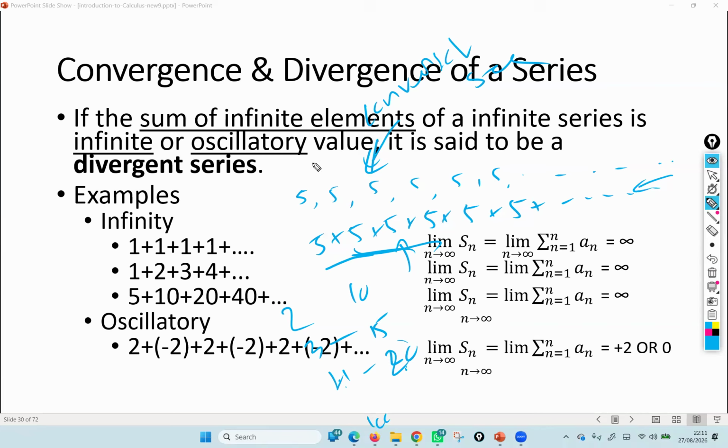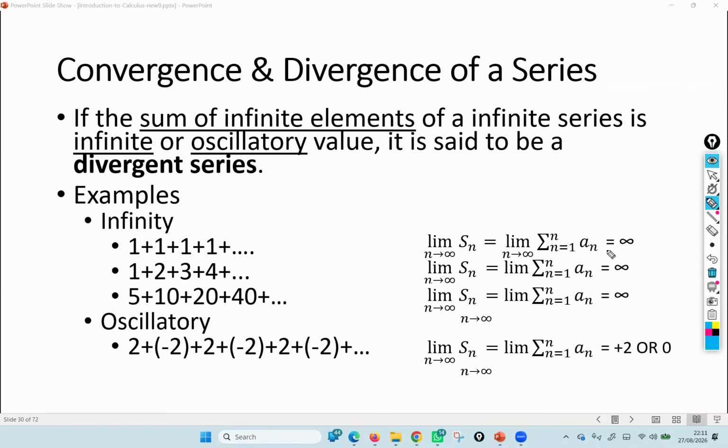So you can see, though the sequence is convergent, your series can be divergent. Even something like 1, 1, 1, 1, if you made a series, this is divergent. This is convergent, but this is divergent.